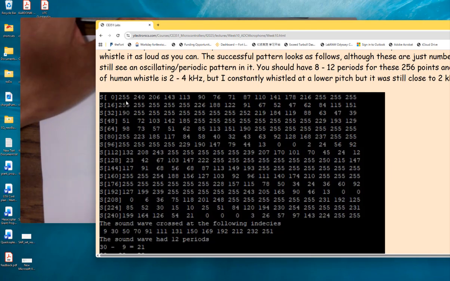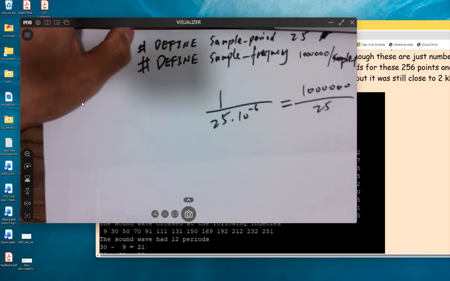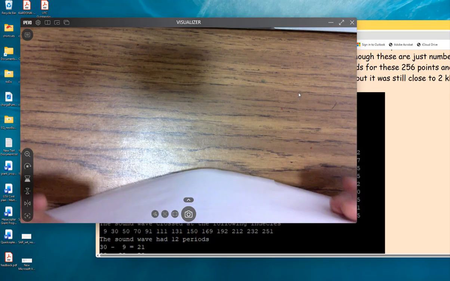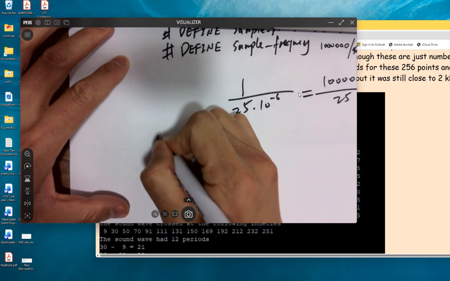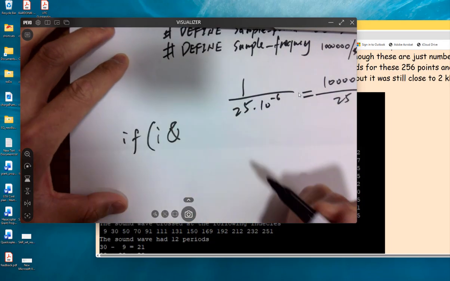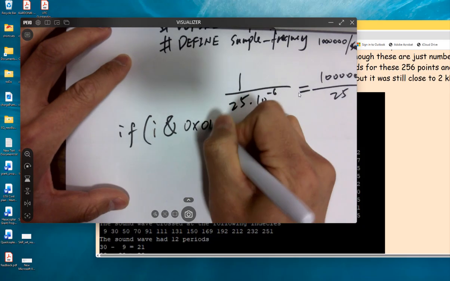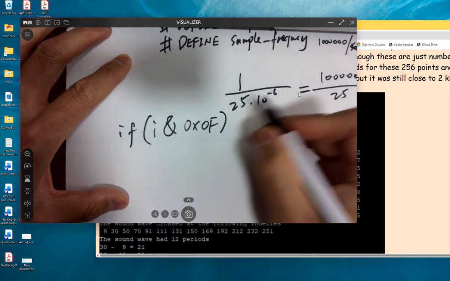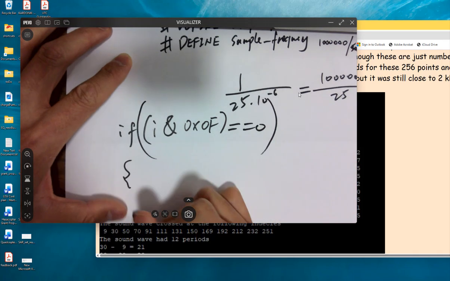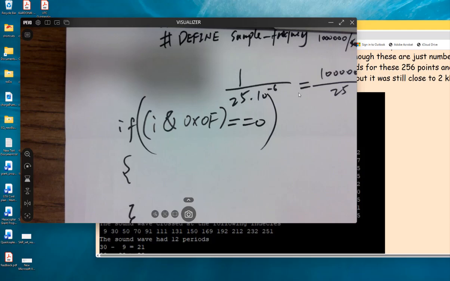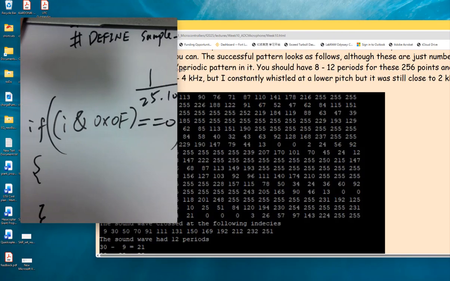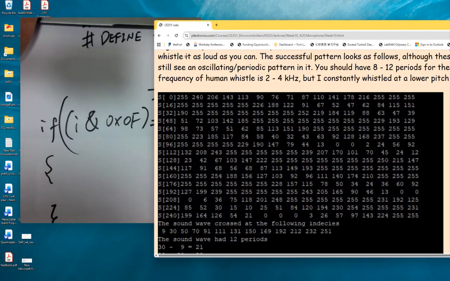So the way we check it is, because it's multiples of 16, what we can do is, it's going to be if, right? If I and 0x0f is 0, they'll do something. Basically, whenever this is printing out all the sampled numbers, see here?